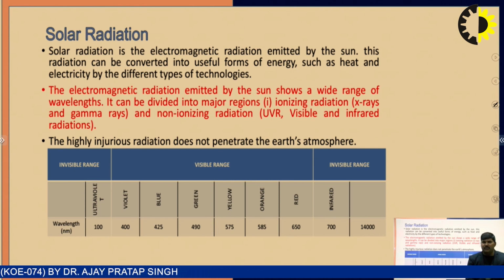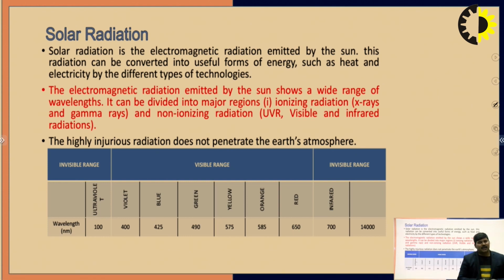The electromagnetic radiation emitted by the sun covers a wide range of wavelengths, and it can be divided into major regions: the ionizing radiations, X-ray and gamma rays, and non-ionizing radiation, UVR, visible and infrared radiation. The highly injurious radiation does not penetrate the Earth's atmosphere. You can see the invisible wavelength is the ultraviolet range.